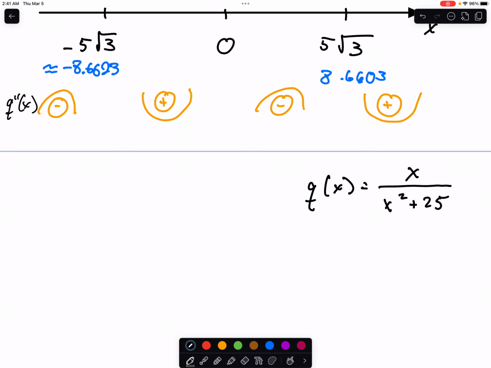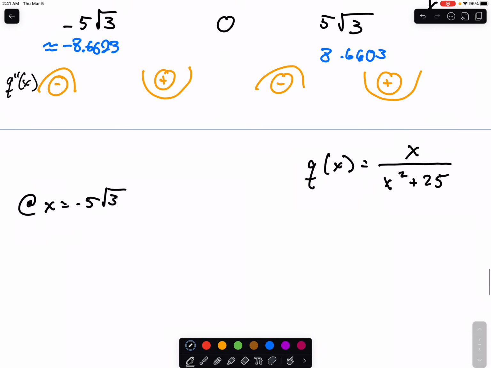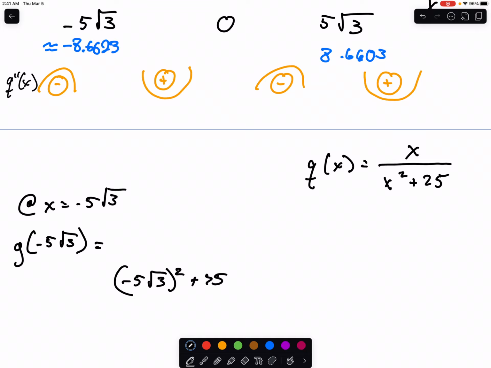All right, so x equals negative 5√3. Then Q of negative 5√3 equals negative 5√3 over negative 5√3 squared plus 25. Let me clean it up just a bit. Let's go ahead and simplify that.